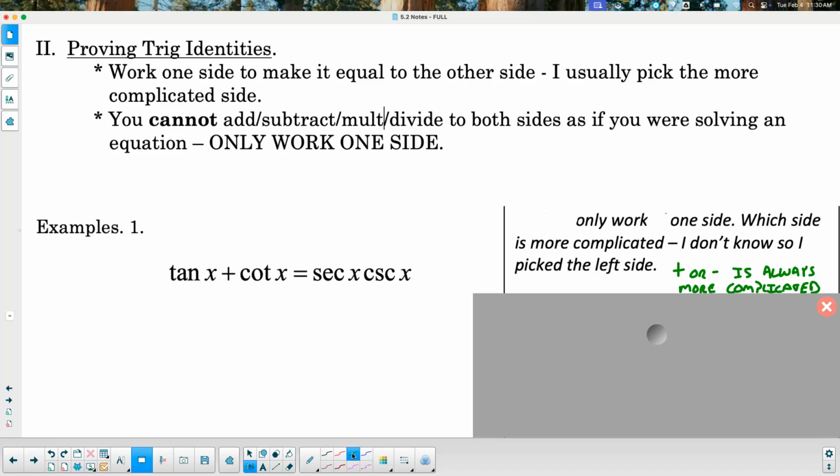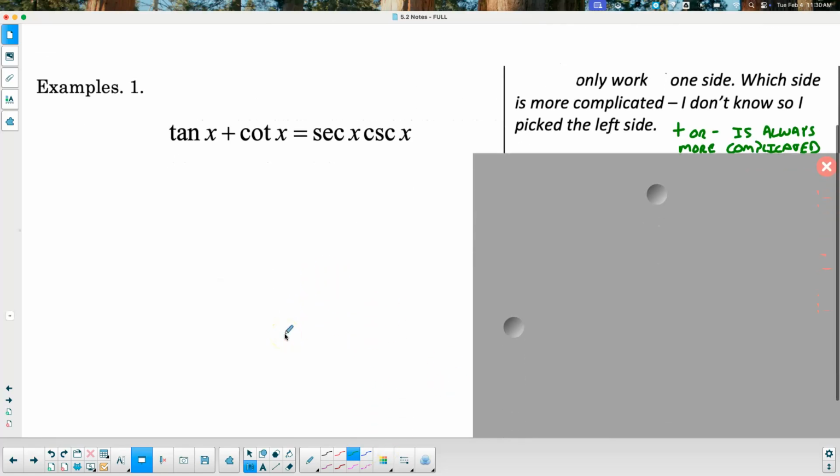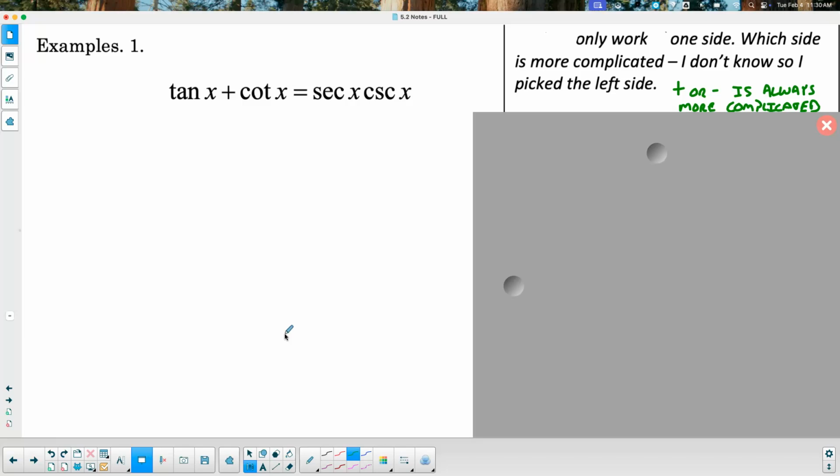We can rewrite them as sine of x over cosine of x. Agree?